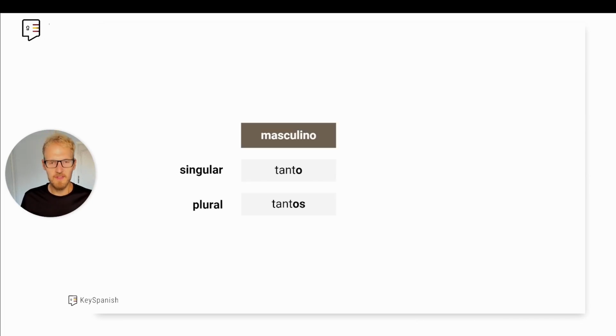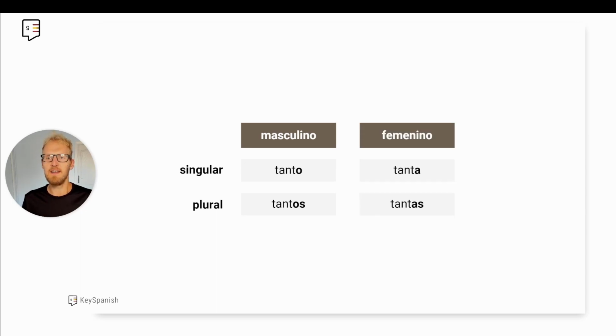And when used as an adjective, you have to pay attention to the agreement in both gender, masculine and feminine, and number, singular and plural. So the masculine form would be tanto and tantos for the plural, and the feminine tanta with the plural form tantas. Okay? Tanto, tantos, tanta, tantas.